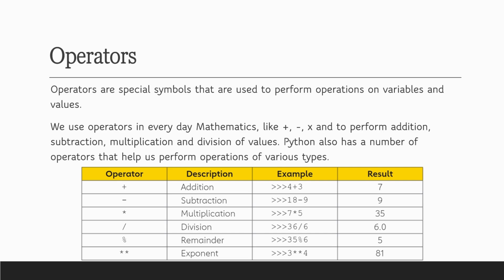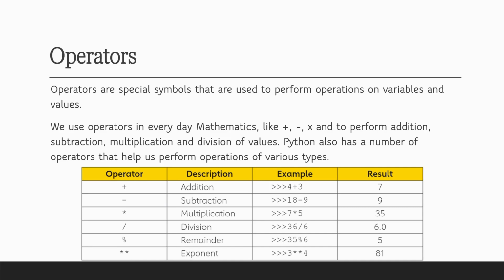Also, we have other types of operators such as percentage. Here percentage doesn't mean the mathematical percentage. Here percentage means remainder. Whenever we divide any number, whatever the remainder is will be calculated using the percentage symbol. If you want to get the power value like 2 to the power 3, or 3 to the power 4, then we have to use the double star symbol.